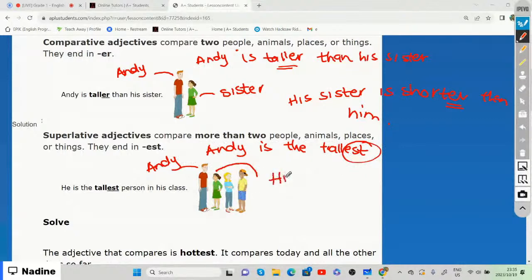We can say his sister is the shortest in class. And there we can see the est because we compared her in height to all the others in class.